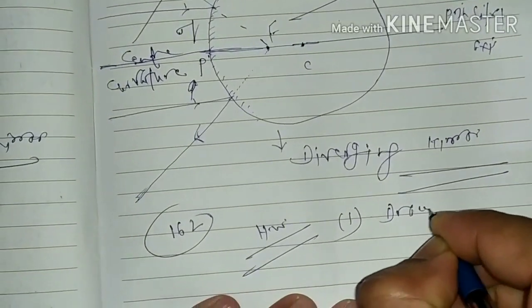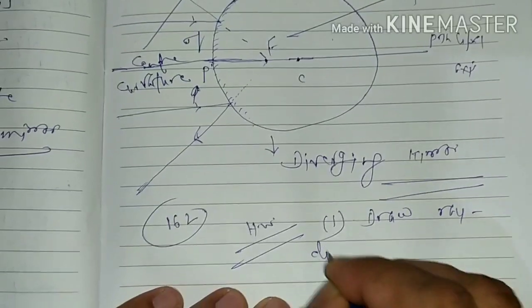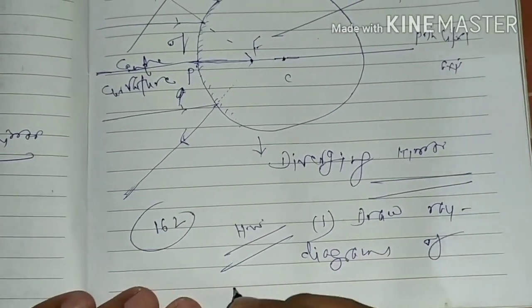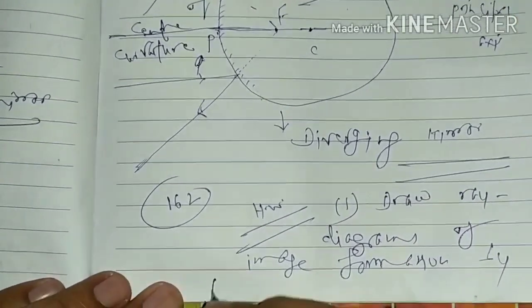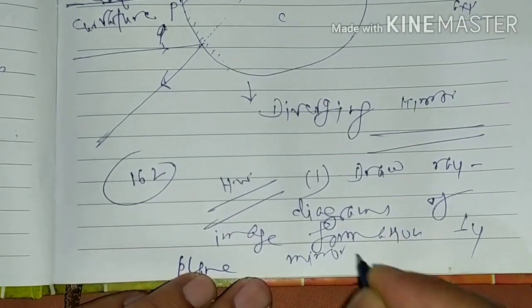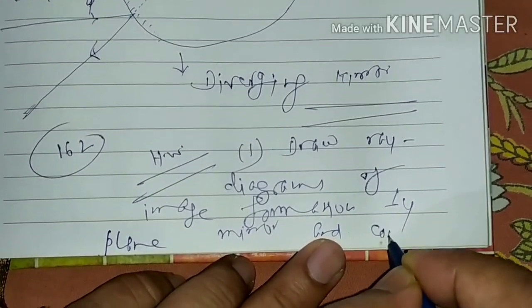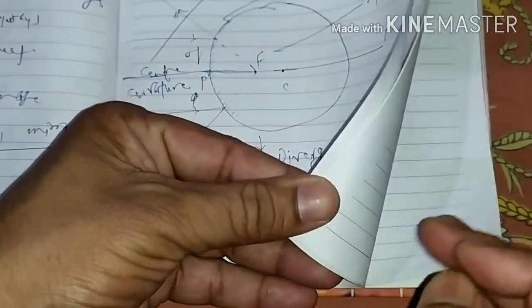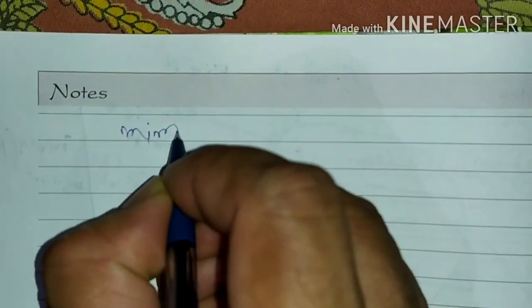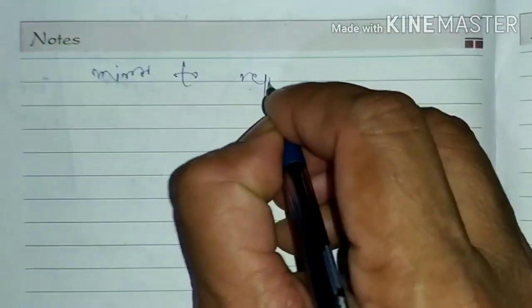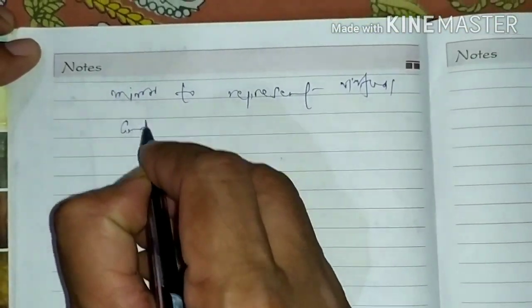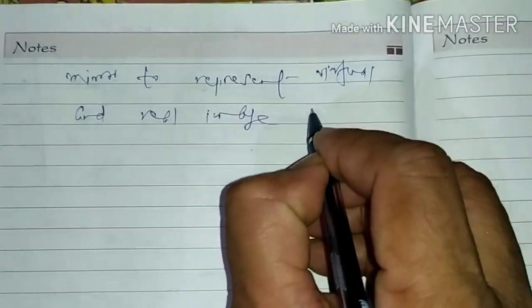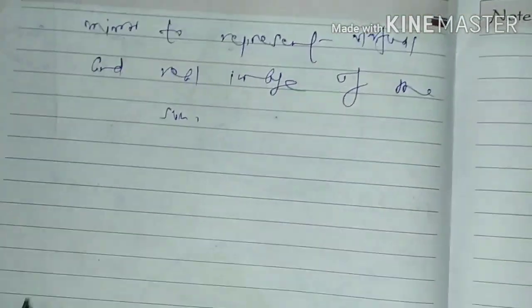Draw ray diagrams of image formation by plane mirror and concave mirror to represent virtual and real image of the sun.